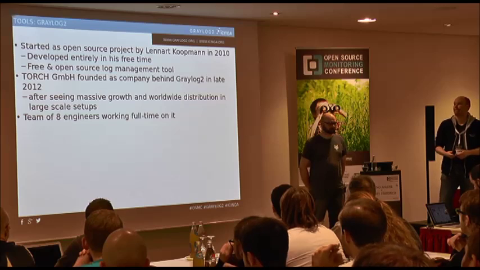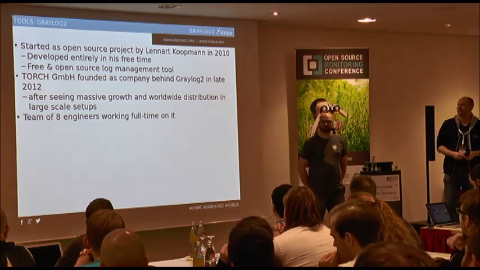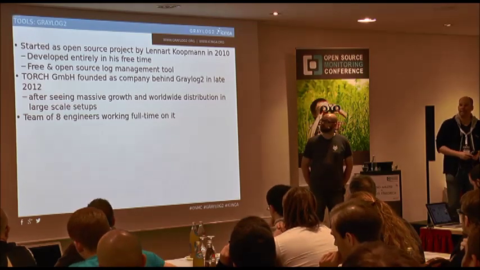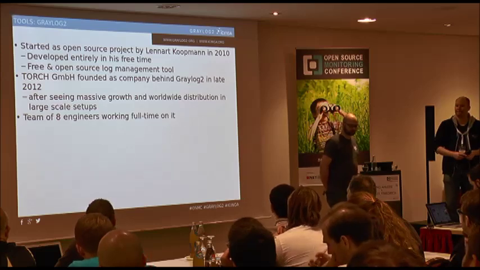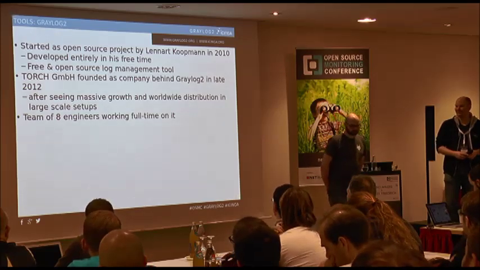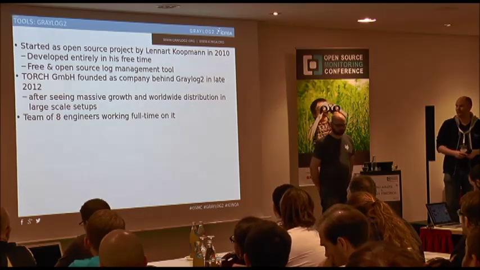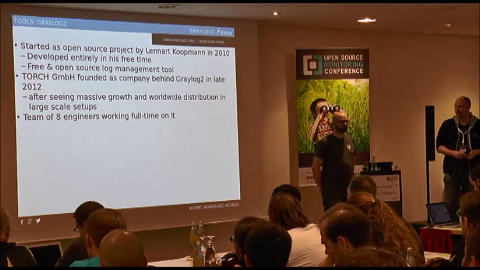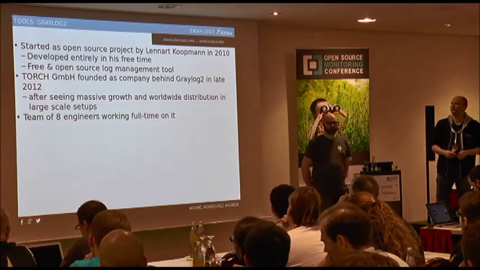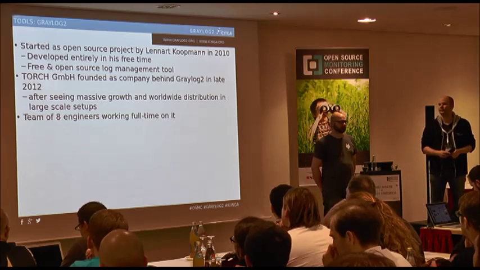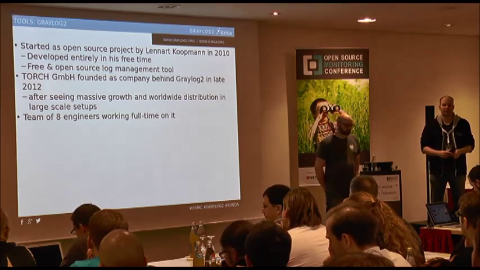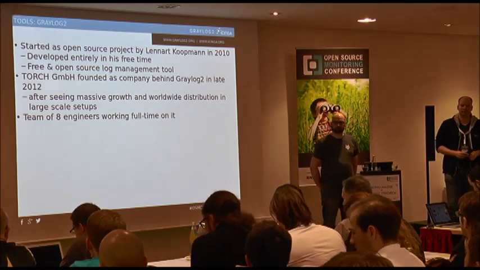Graylog2 is a system for central log management, log and event management. It was started by Leonard, who couldn't be here today, in 2010. It was an open source project developed in his free time. It started with a Java server process and a Ruby on Rails web frontend.